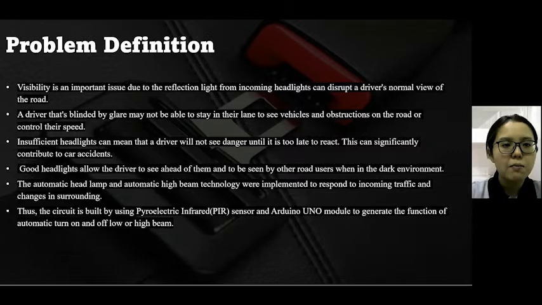The driver can be blinded by the glare, and may not be able to stay in their lane, see vehicles and obstructions on the route, or control their speed. Insufficient headlights can mean that the driver will not notice the danger until it is too late to react. This can significantly contribute to car accidents.